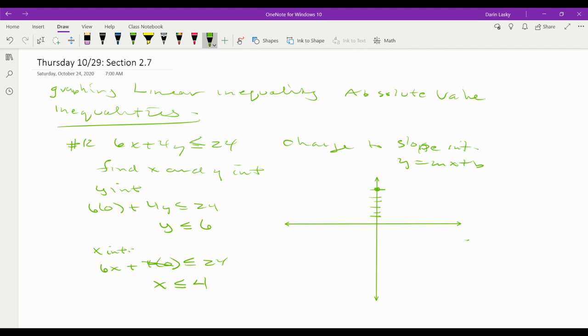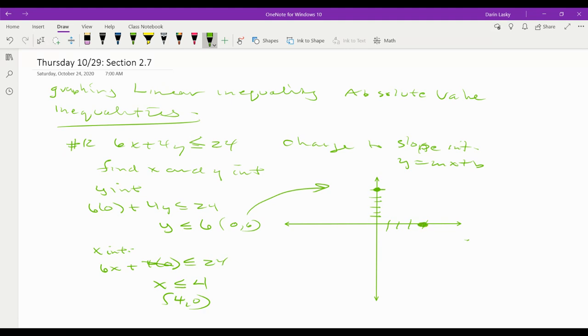So I'm at 0 and 6. And that's what I graphed up there. And then I've got to go to my x-intercept, which is at 4 and 0. Sorry, guys. In a morning of mistakes, 4 and 0. So we go over to 4, 1, 2, 3, 4, and we draw our dot.